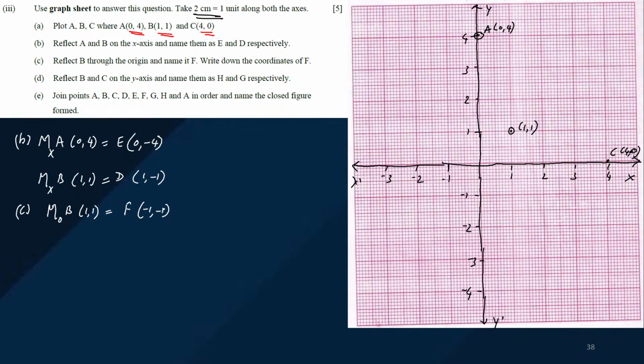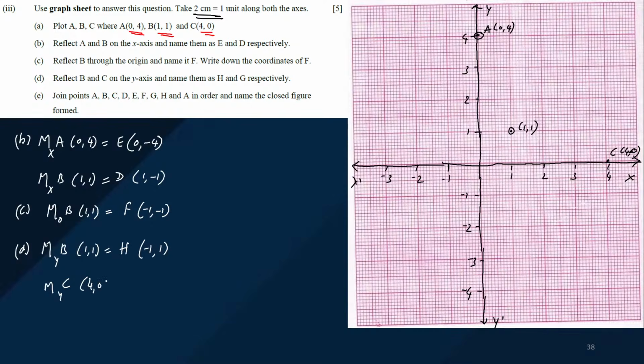Right. So next one, then D. Okay, reflect the point B and C on the y-axis. Now you have to map the point B on the y-axis also. 1 comma 1. When you are mapping it on the y-axis, sign of the x coordinate will change and you are going to call them as H. And mapping the point C on y-axis, what is the coordinate of C?